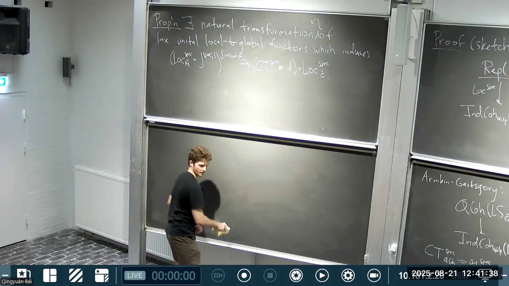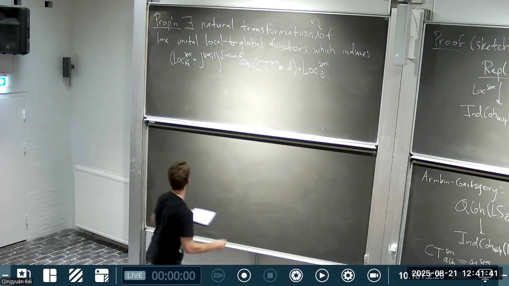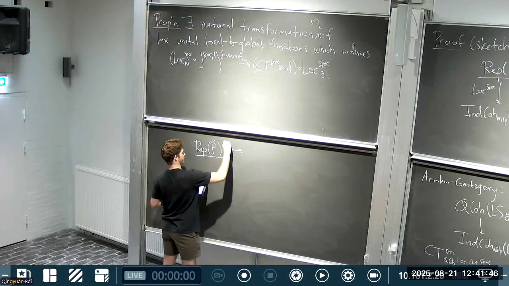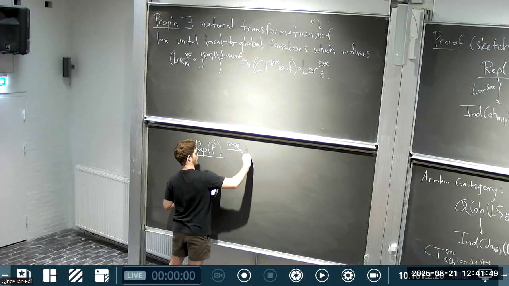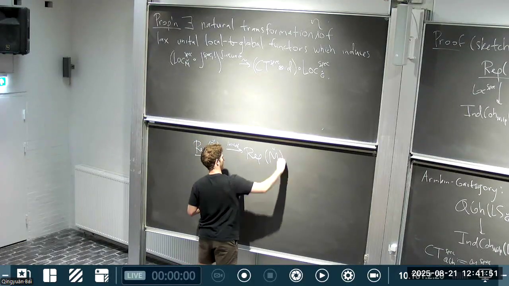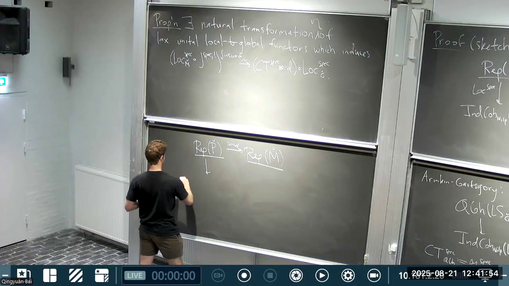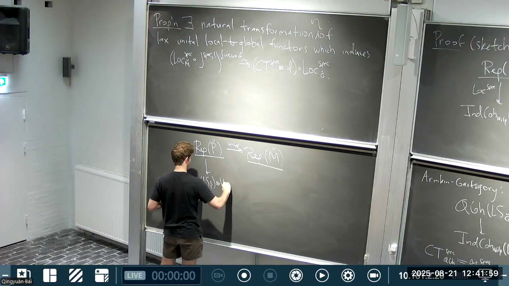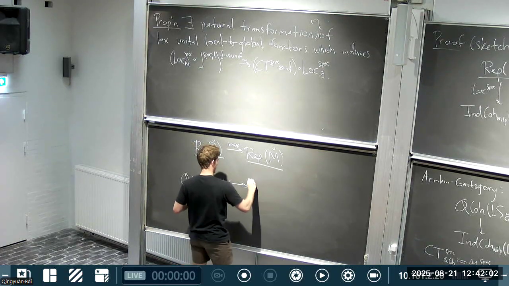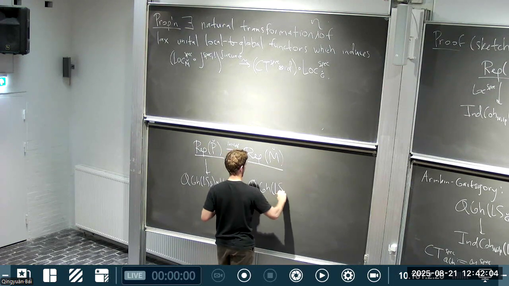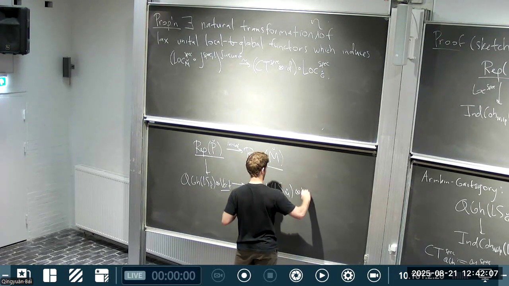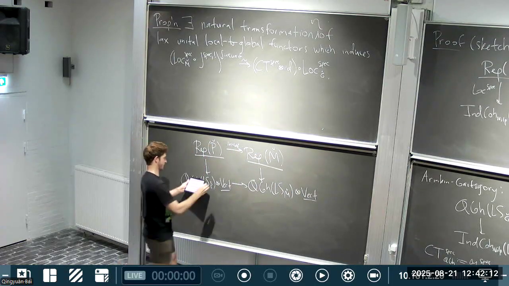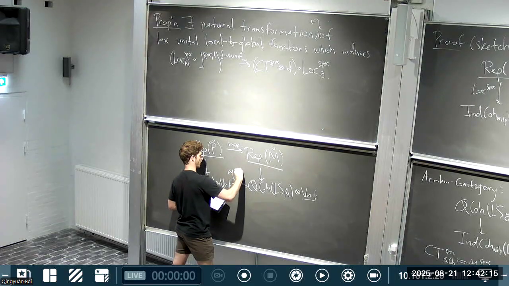Right, so if I draw the square, so here I'll have invariants. And the vertical functors are localization as always, and this one is push forward along Q spec.